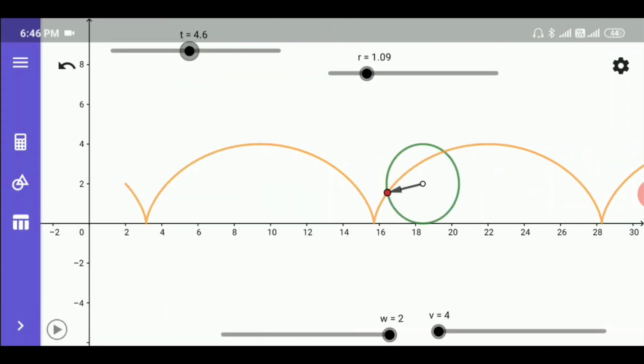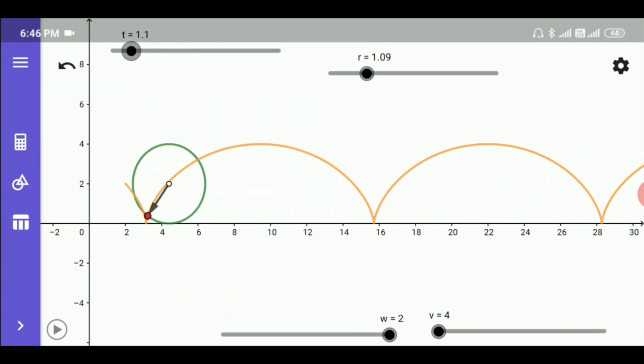Now here the interesting thing comes. As you can see, as I roll the disk along the x-axis, it exactly follows the path which the red point traces. Look, it has never been detached from that graph, so you can say that it will trace that curve. This type of curve is known as a cycloidal curve, or simply a cycloid.